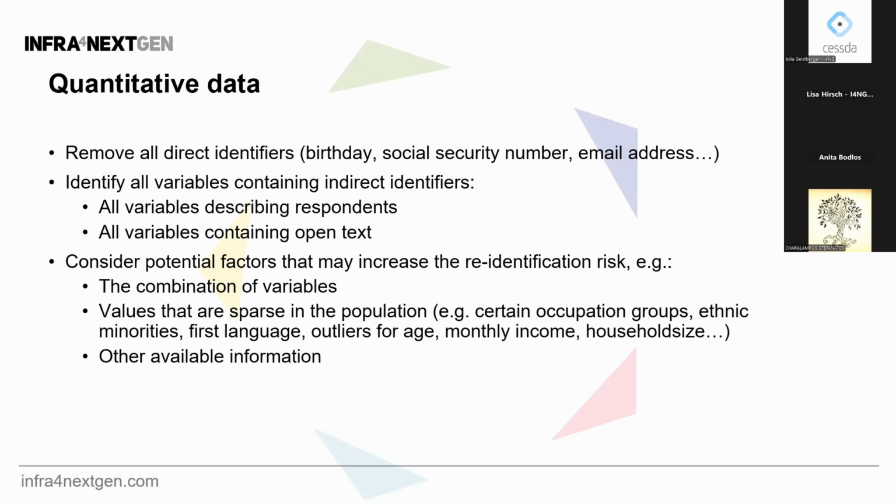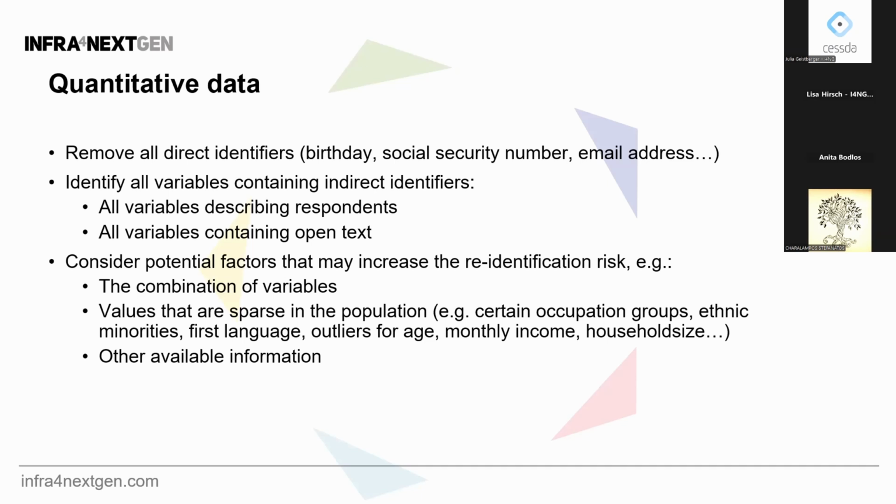But if you have the information in there, for instance, as one respondent indicates that their mother was born in Ireland and the father in Iceland, then this combination may be very unique, and you need to ask yourself whether this information significantly increases the re-identification risk.